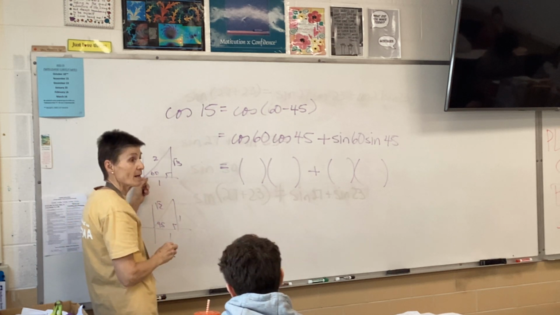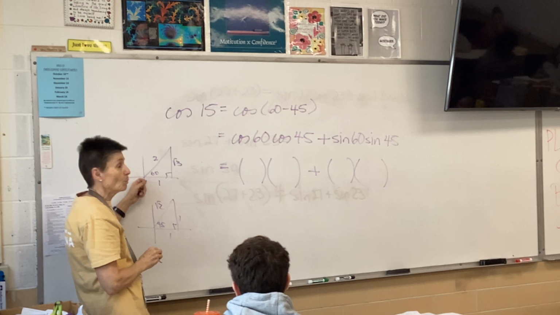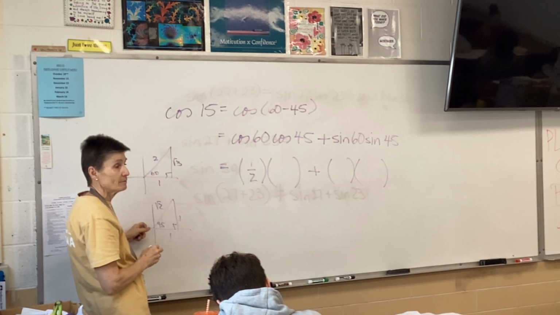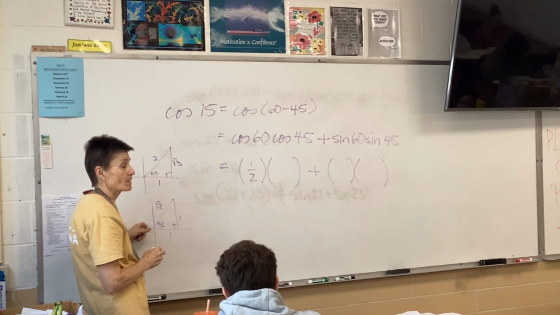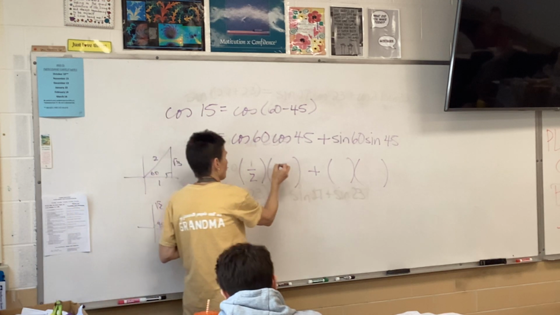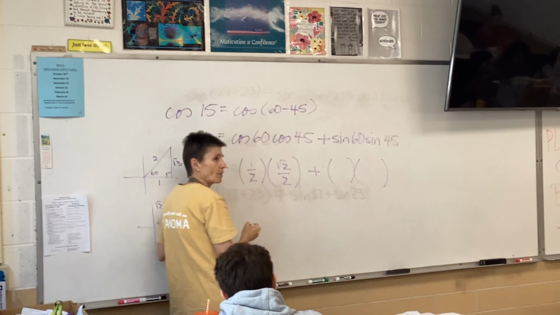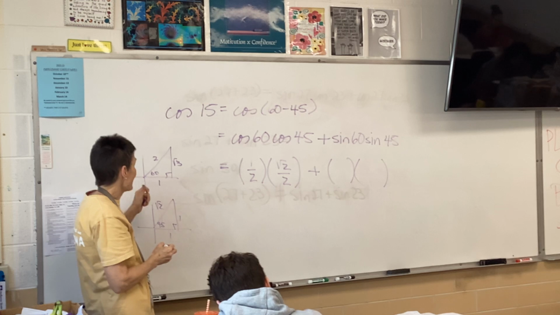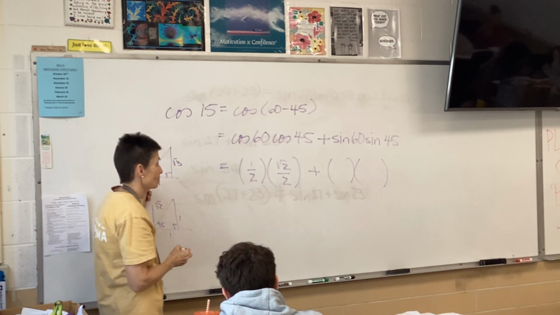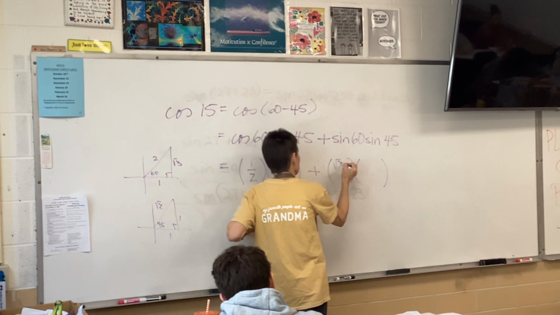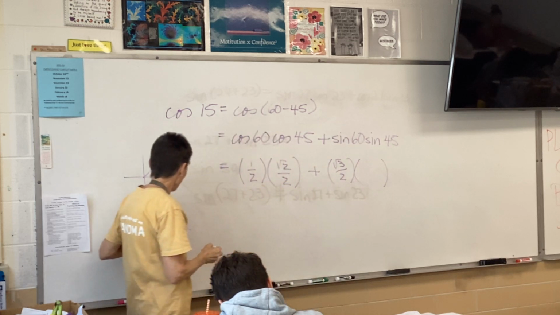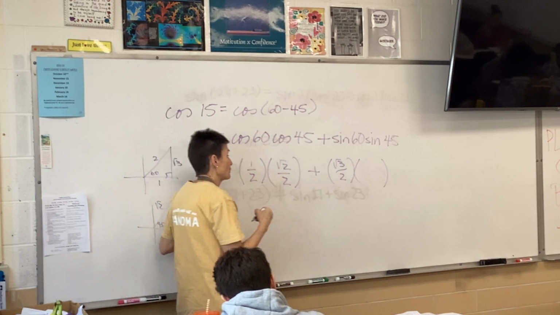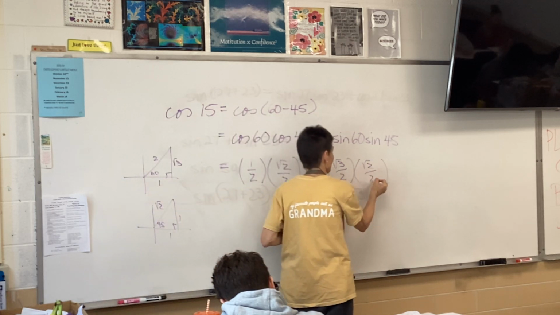So what's the cosine of 60? 1 over 2. What's the cosine of 45? 1 over root 2, which I'll probably say root 2 over 2. Are you alright with that? Jason. What's sine 60? Square root of 3 over 2. And the sine of 45? 1 over root 2 or root 2 over 2 again.